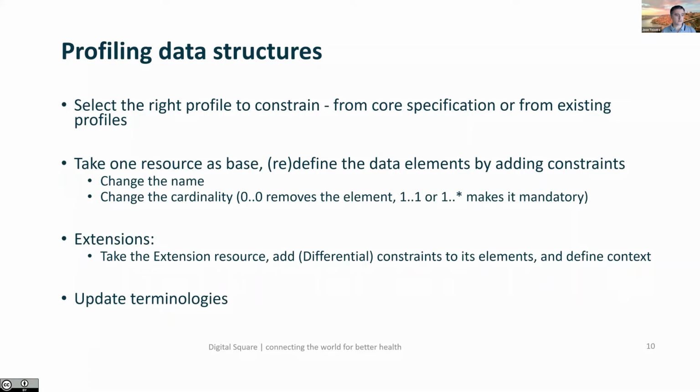How this is done is we take that resource as base, we define and redefine some of the data elements by adding constraints and also adding extensions. Adding constraints means we can change the short description of the element. And we can change the cardinality. Within some boundaries, we can say, I don't want this element to be present, or I want this element to be mandatory. Those are the basic things that we will do for profiling.